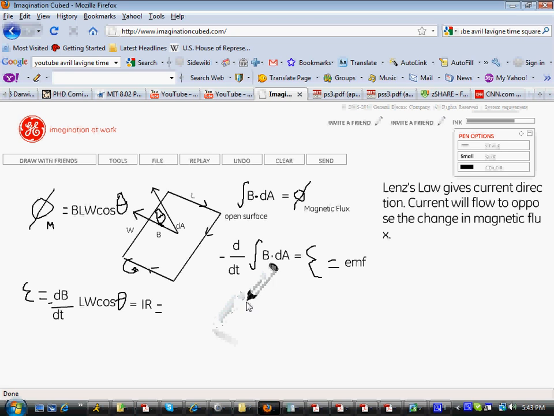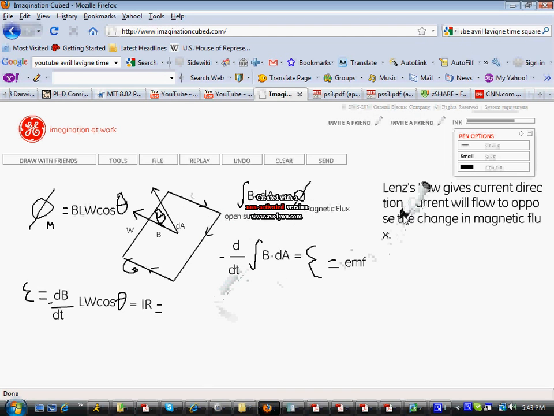So you can think of Lenz's law as the conservation of energy if you want to, because to do it in any other way would give you an unlimited amount of energy by pretty much doing nothing.